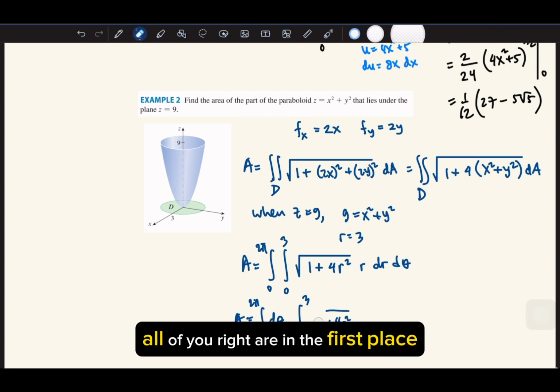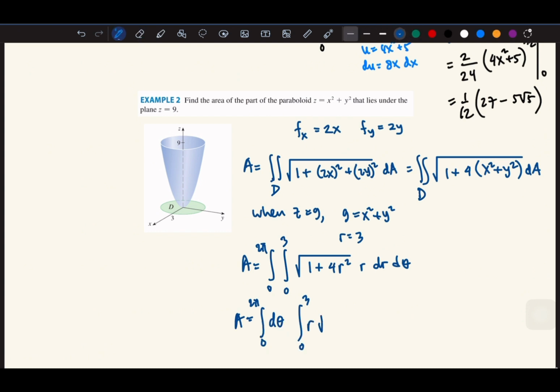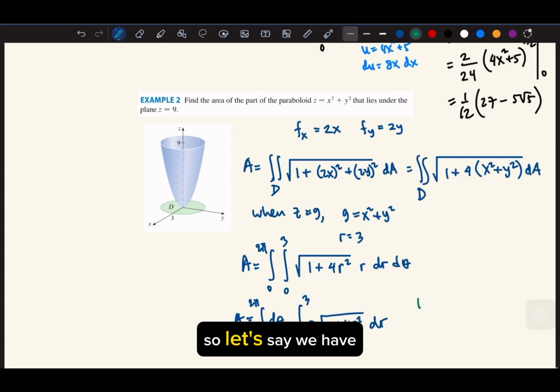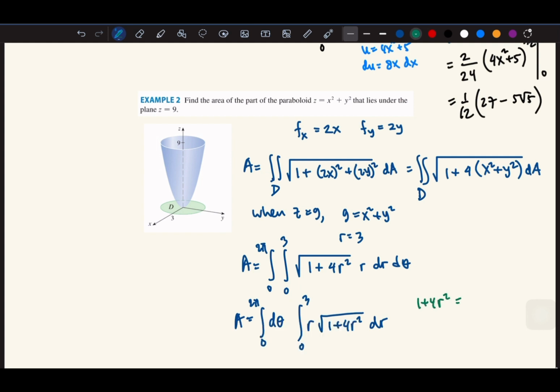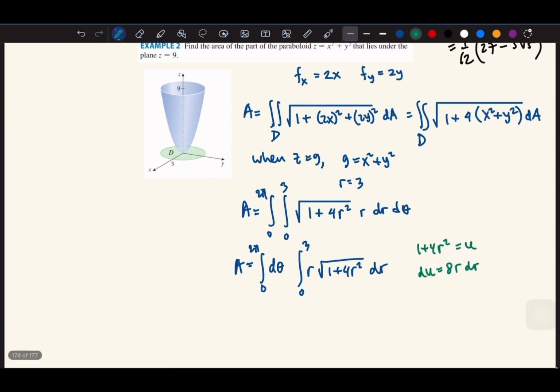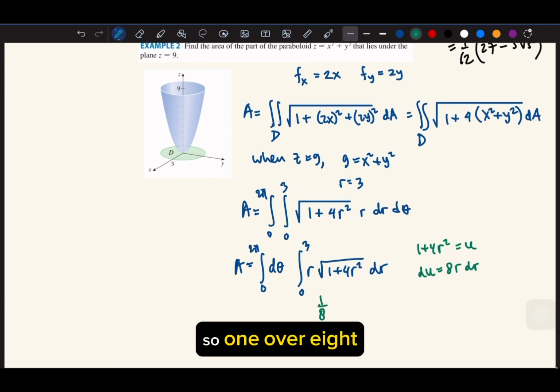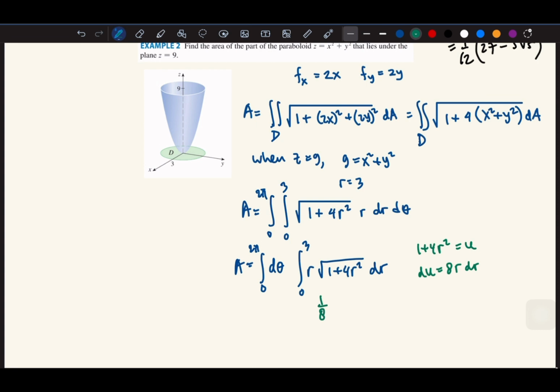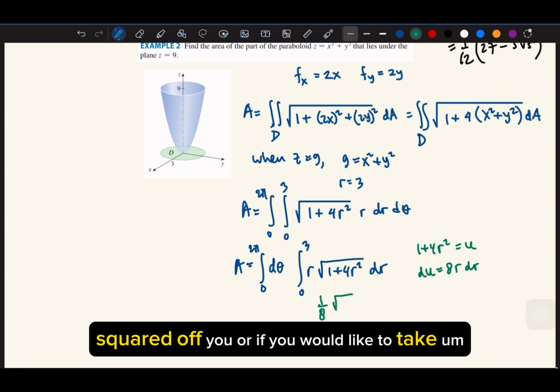So we are going to have 1 over 8, and then this will be square root of u, okay?